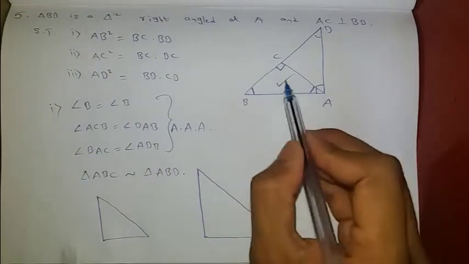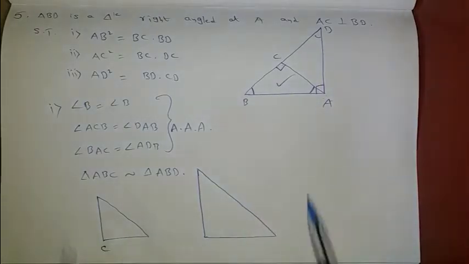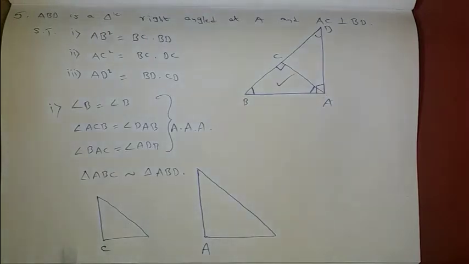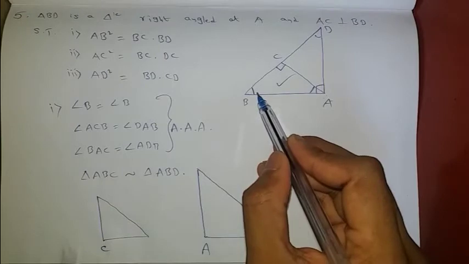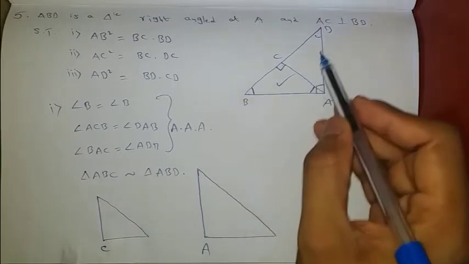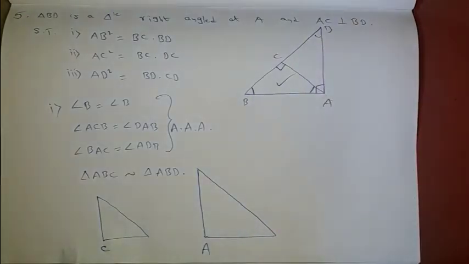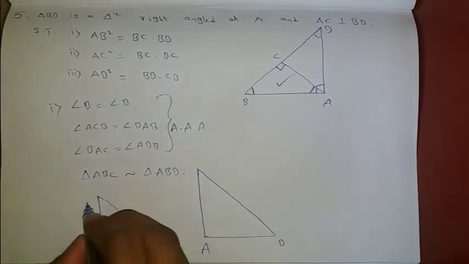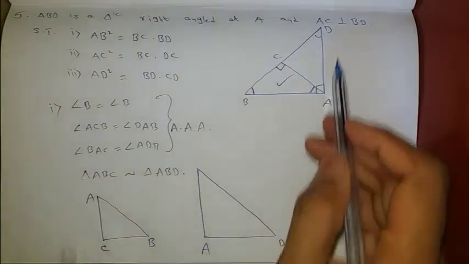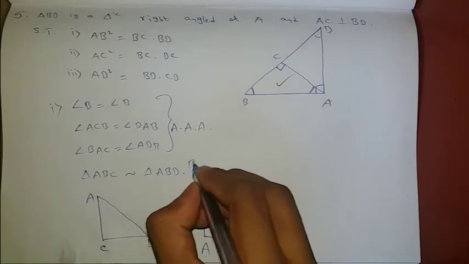The lower triangle is 90 degrees at C and the bigger triangle is 90 degrees at A. Observe clearly. This angle B is equal to this angle D. So if I take this as B, this should be D, because of corresponding angles. Next, in the ACB triangle, CB completed, so this will be A. The bigger one will be the ADB triangle, so AD completed, so the next one will be B.